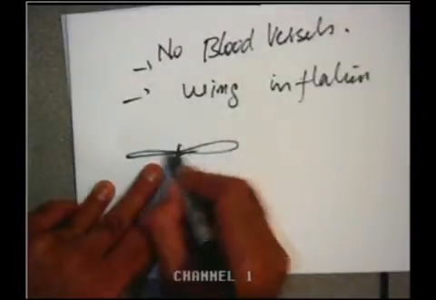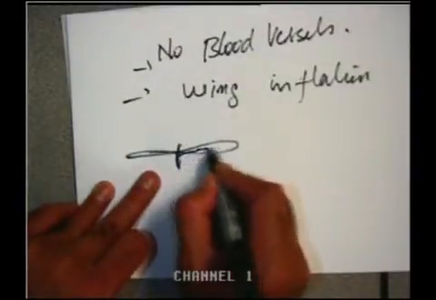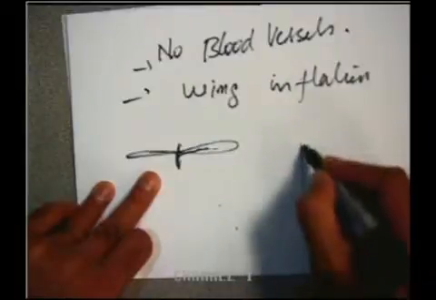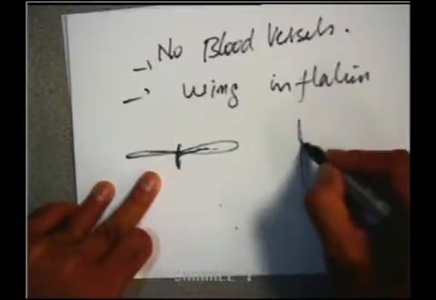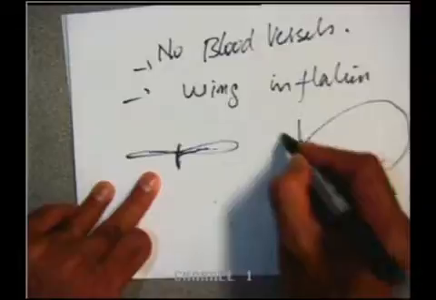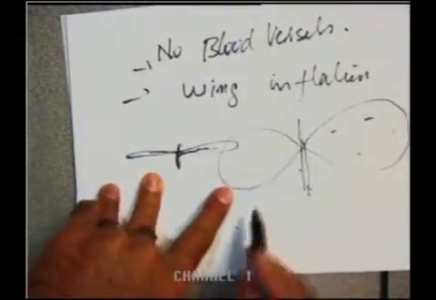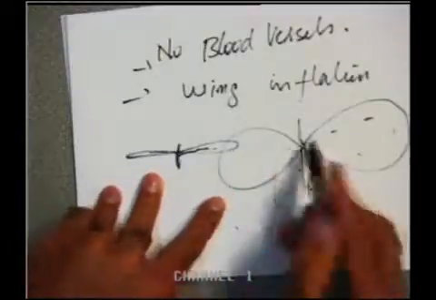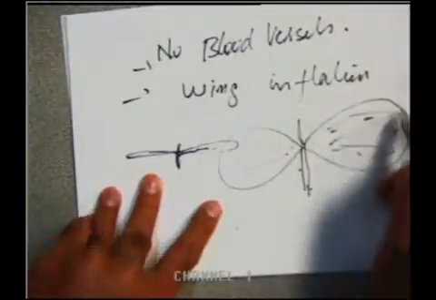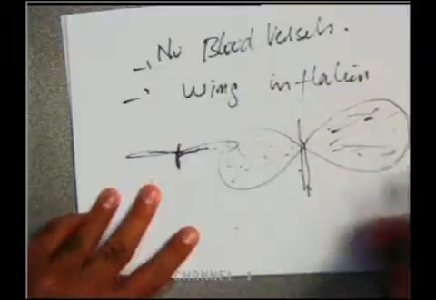The blood will infiltrate into the wings, and the wings will spread out like this. Just because of the open circulatory system, it will blow that up, and now it gets a large surface area, right?